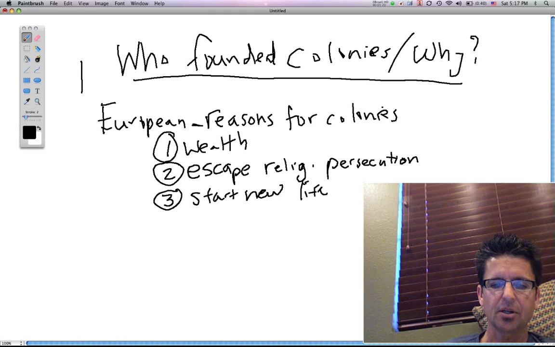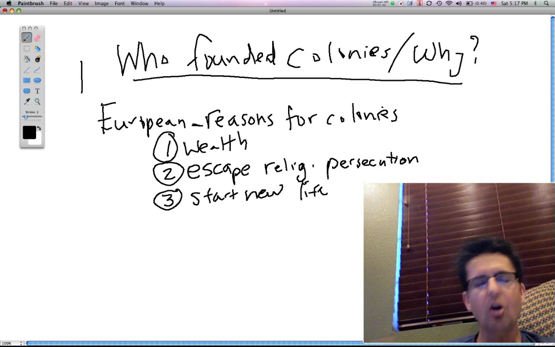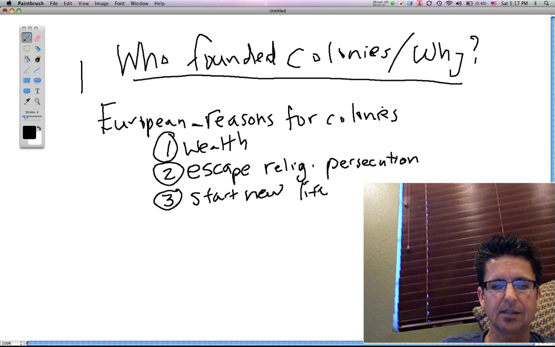In proprietary colonies, control was given to a proprietor or group of proprietors, and these would be landowners, just single people that own the land. In royal colonies, the monarch kept control, usually through appointed officials. Okay, so I'm seeing three different ways that the English monarchs or the rulers gave people colonies. Okay, so let's put that down.